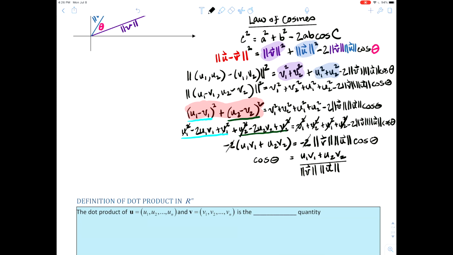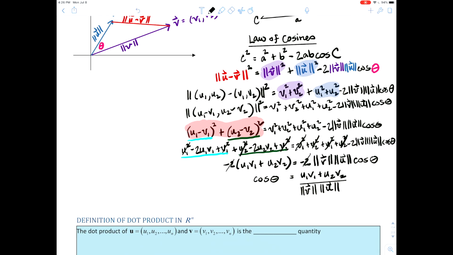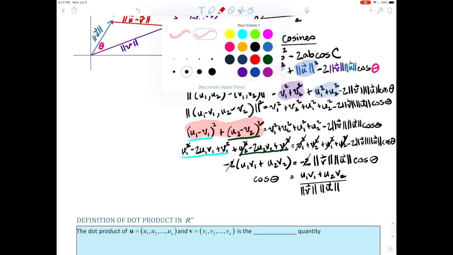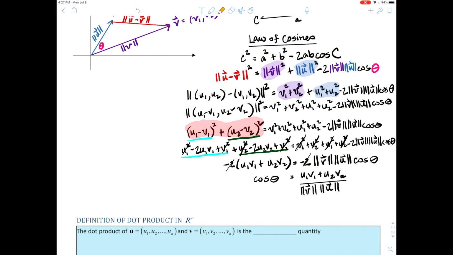So this is very useful. And again, obviously you would apply the inverse cosine to both sides to find theta. But this is really cool because you learn a couple of things. This quantity right here happens to be the dot product, okay? The dot product of u and v.